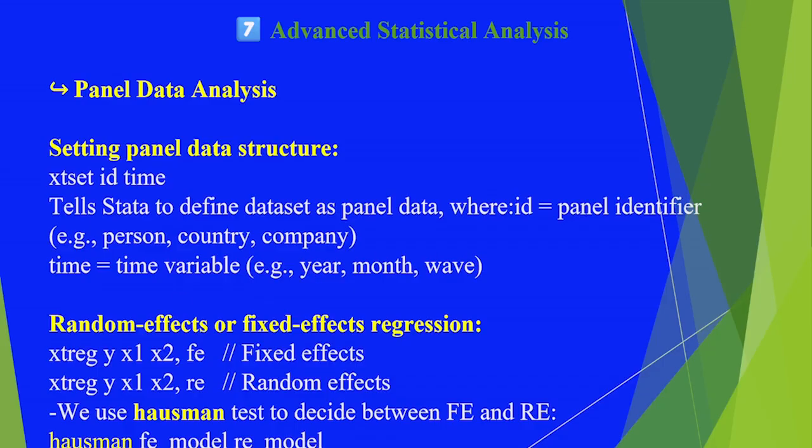In panel data analytics, we have two models that we need to come up with, and at the end of the execution, we need to compare those two models, which one is effective. So we have random effect as well as fixed effect regression, and this is the syntax to use them.